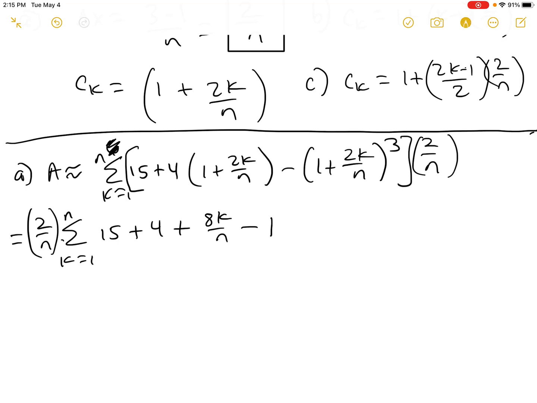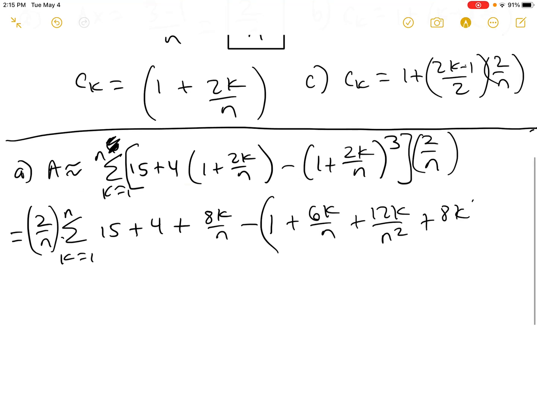So this is 1 plus 6k over n plus 12k squared over n squared plus 8k cubed over n cubed. Oof.